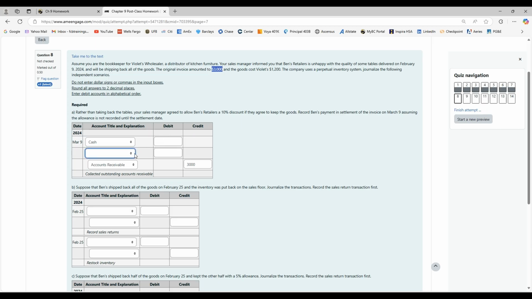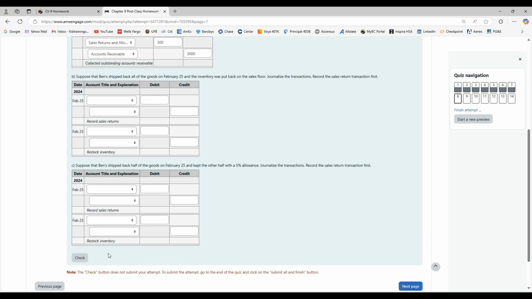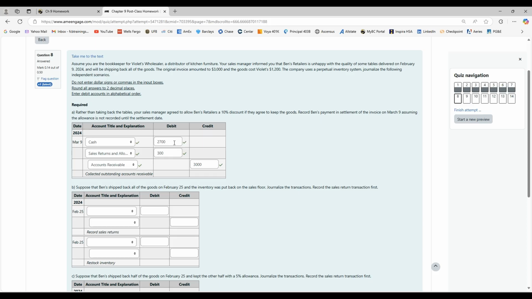But what's happening here is we're going to use our sales returns and allowances account. Pretty easy math. We're giving them a 10% discount, so they're only going to pay us $2,700 instead of the $3,000 they would have owed us otherwise, because we gave them a 10% discount, basically, right?